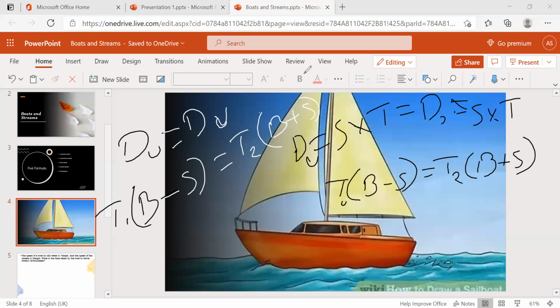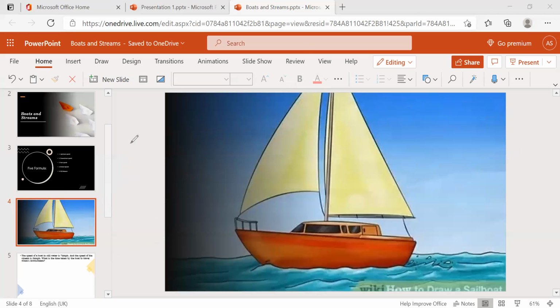So this will be the formula for equating the distance. These five formulas are very important. You just note them down. Don't memorize them by heart, just understand the concept. You must know how to derive the equations, then we can easily solve the problems. Now we can simply solve one or two problems based on this.